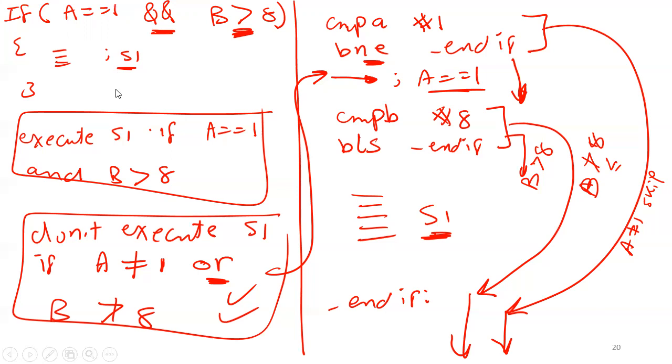So what is the C language telling us here for this statement? This statement is telling us to execute S1 if A is equal to 1 and B is greater than 8. So I have two conditions. In order to execute S1, the two conditions have to be true. Both of them should be true. Instead of one, I have two conditions. So if the first condition is true and the second condition is true, you have to execute S1, right?